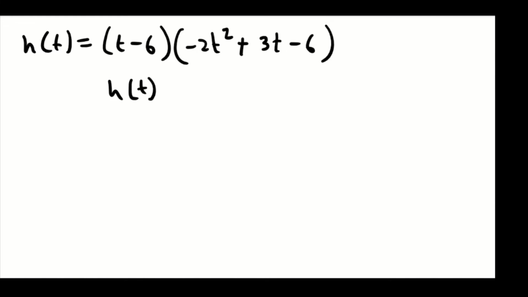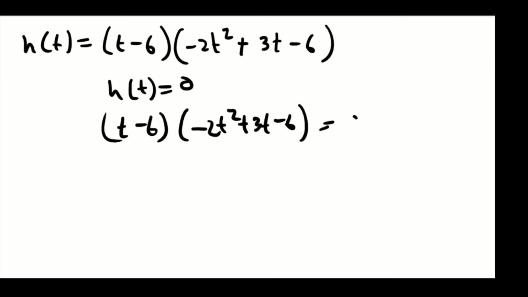We want to know how many times it touched the floor, and when it touched the floor, we know very well that h of t was equal to 0. The height was 0. So we say t minus 6 and minus 2t squared plus 3t minus 6 equals 0. t is equal to 6, that's the first one, or minus 2t squared plus 3t minus 6 equals 0.